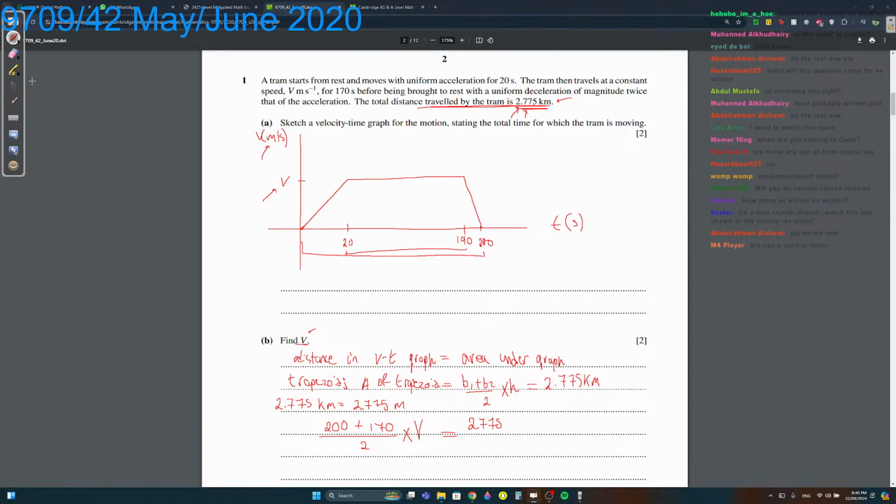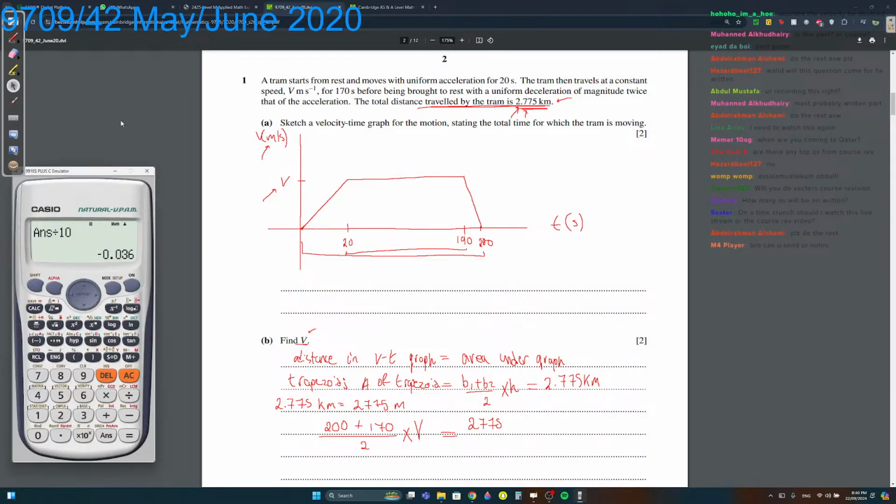Let's solve for x on the calculator. 200 plus 170 over 2, times x, equals 2775. Shift solve, you get 15. So V equals 15 meters per second.